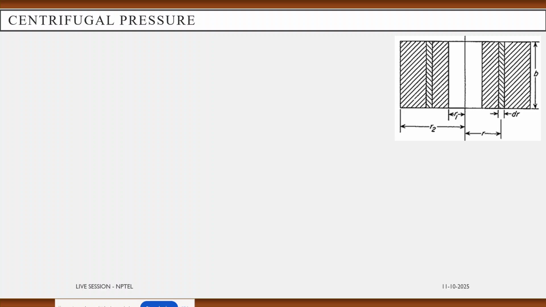So in the next topic we are going to discuss how the centrifugal pressure acts in the centrifuge. So this is one centrifuge. This is the free surface of the liquid. This one is the axis of rotation.